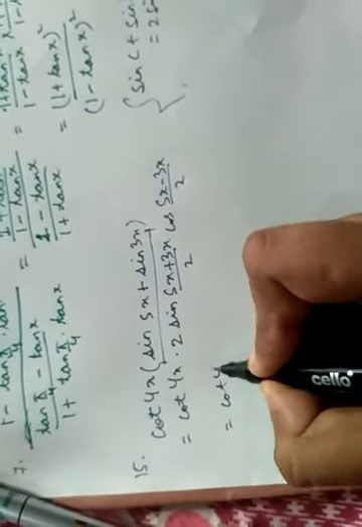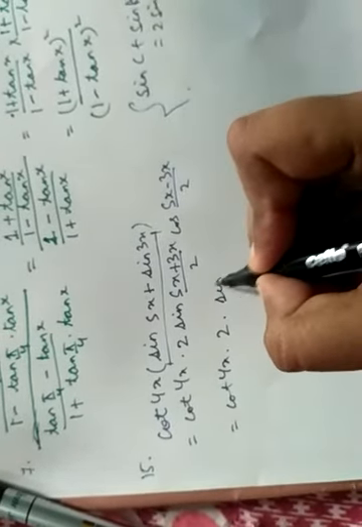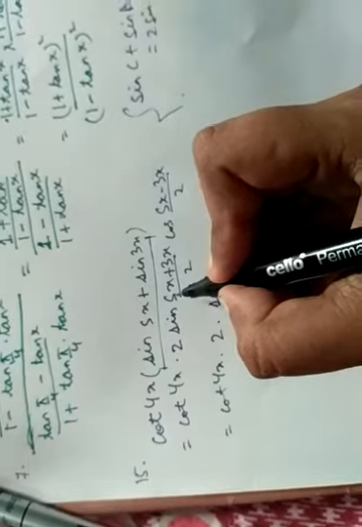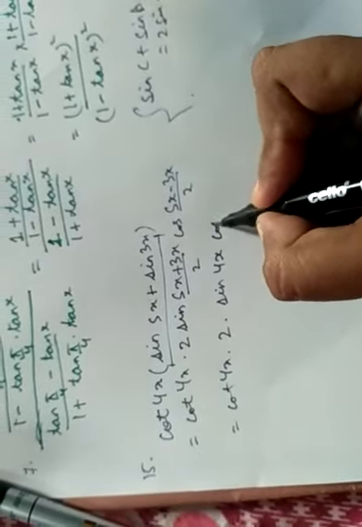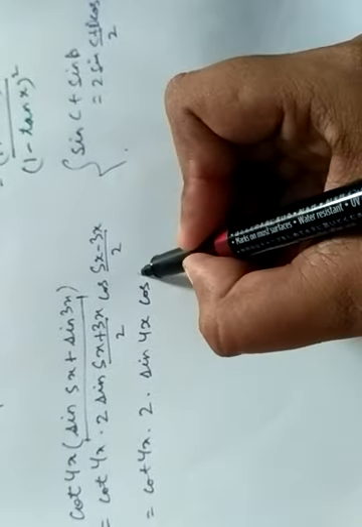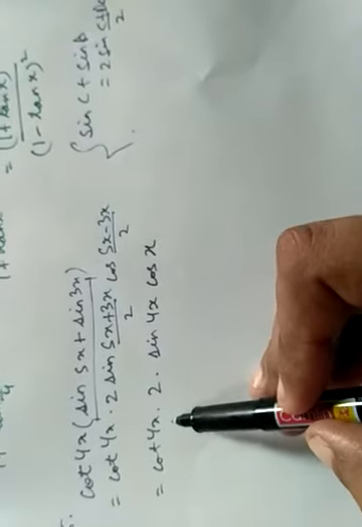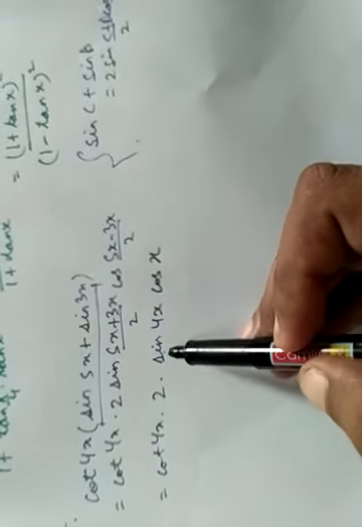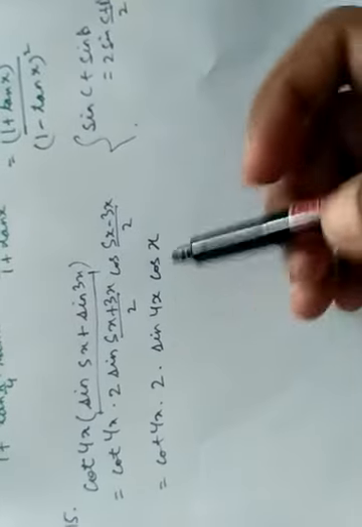Then again we will have cot 4x into 2 into sine of (5x + 3x), that is 8x by 2, which is 4x, and cos of (5x - 3x), which is 2x upon 2, that is x. So we have cot 4x into 2 into sine 4x into cos x.